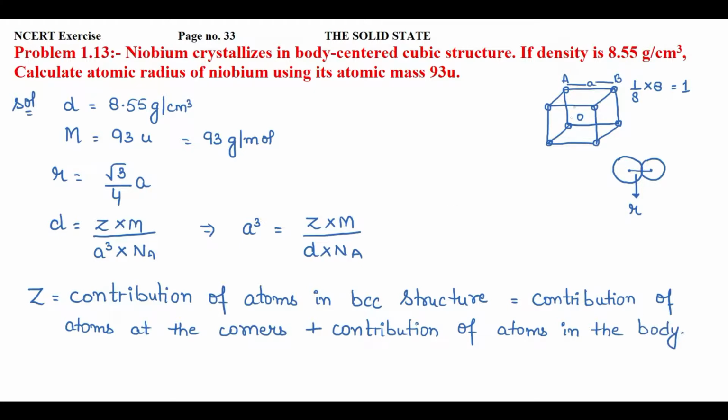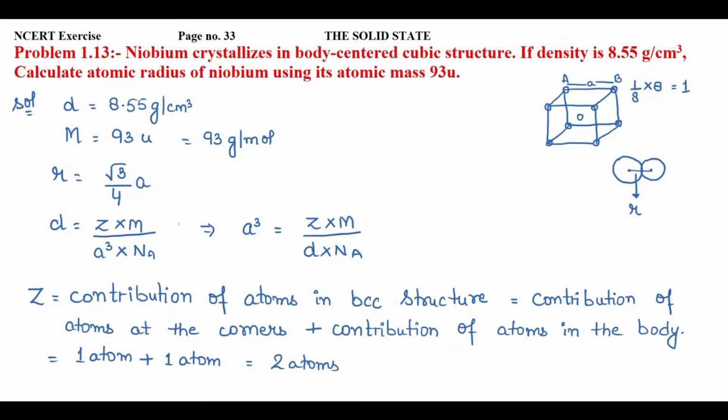Now this atom totally belongs to this unit cell, so its contribution will be equal to 1, right? There are 8 atoms at the corners, one atom contributes 1 by 8, so total contribution will be 1. Plus there is only one atom in the body, which totally contributes to this unit cell, so again one atom. So 1 plus 1, that means 2 atoms. The value of Z is equal to 2 atoms.